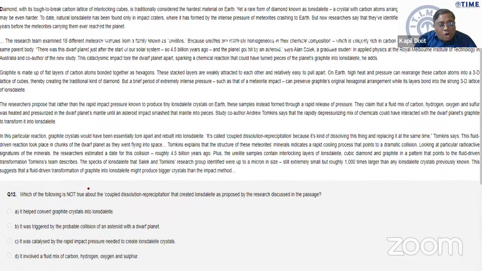Which of the following is not true about the coupled dissolution re-precipitation? 12th. Now see, in 12th, not true. You would have marked this wrong. See, it was catalyzed by the rapid impact pressure needed to create lonsdaleite crystals.